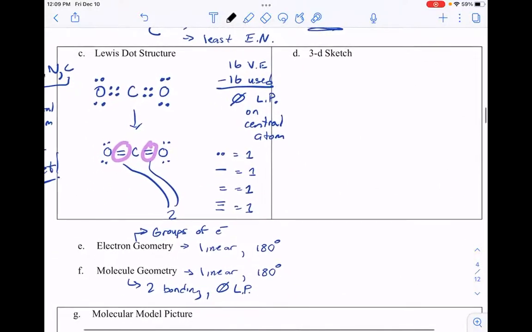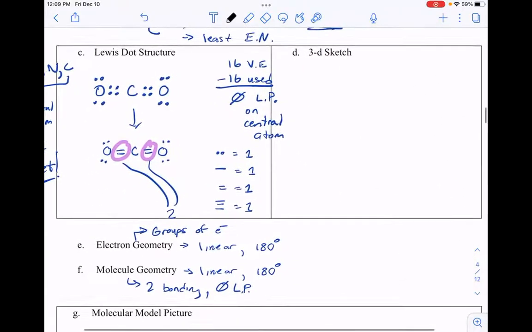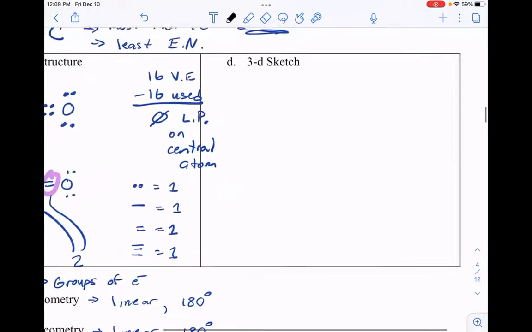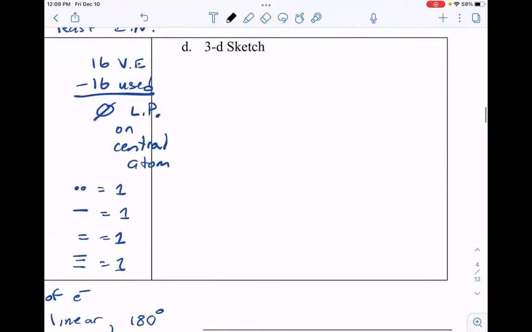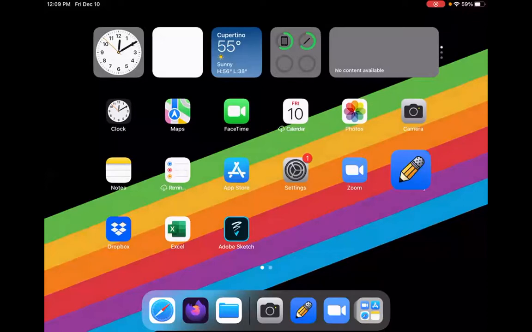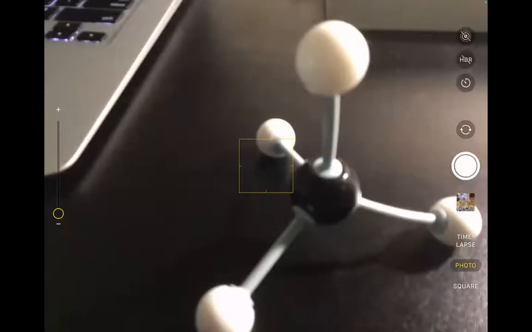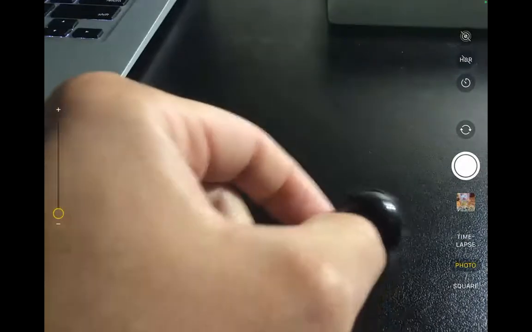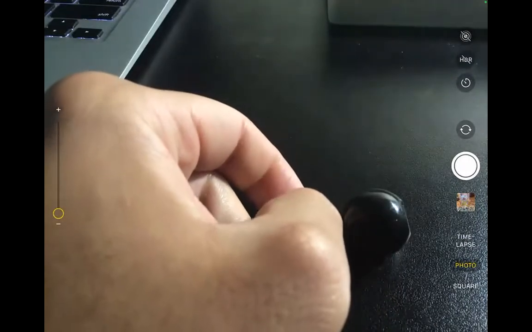All right, so next we have CO2. So we have carbon and two oxygens.